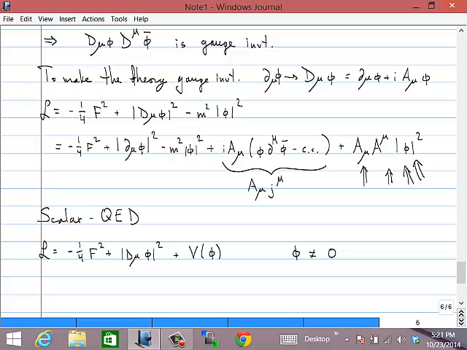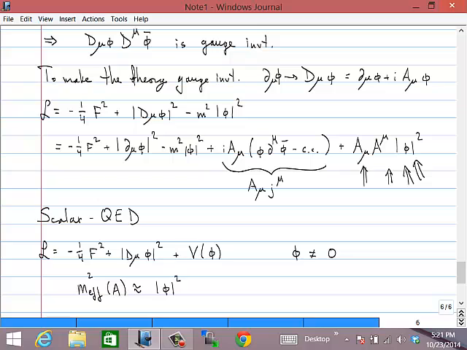So in particular, if phi is not equal to 0, then you'll have some effective mass for the gauge field, which is the value of phi at the minimum of this potential.